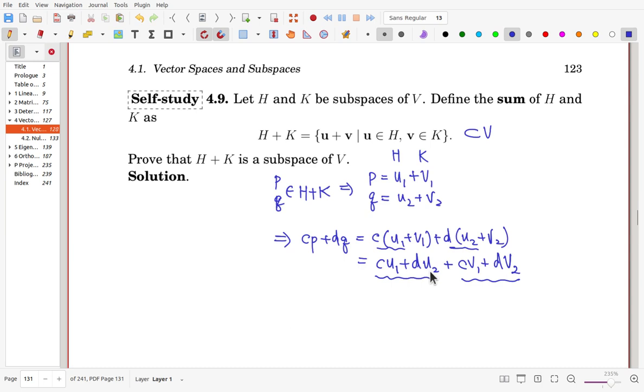So the first linear combination must be in H and the other must be in K. So after choosing two arbitrary vectors, their linear combination is again inside H plus K. So H plus K is a subspace.